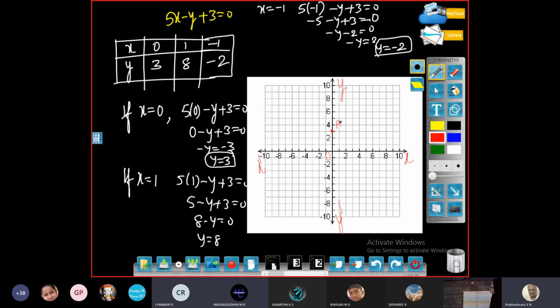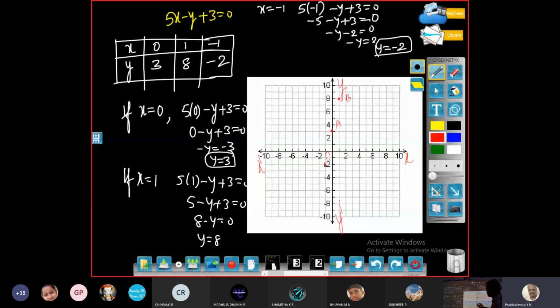Yes, sir. Next the point 1, 8. Along the x-axis, 1 is on the right hand side of 0. From 1 you go upward up to 8. So you can see here, this is B. Then the third point, minus 1, minus 2. Minus 1 is on the left hand side of 0 along the x-axis. Then minus 2 means come downward, 1, 2.